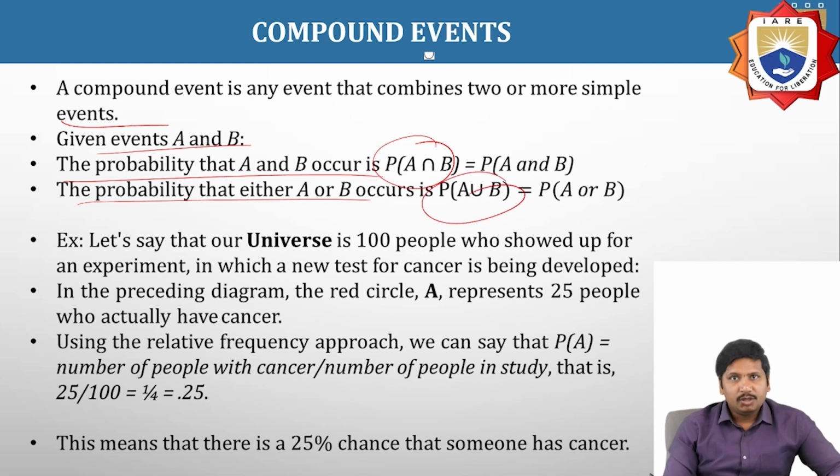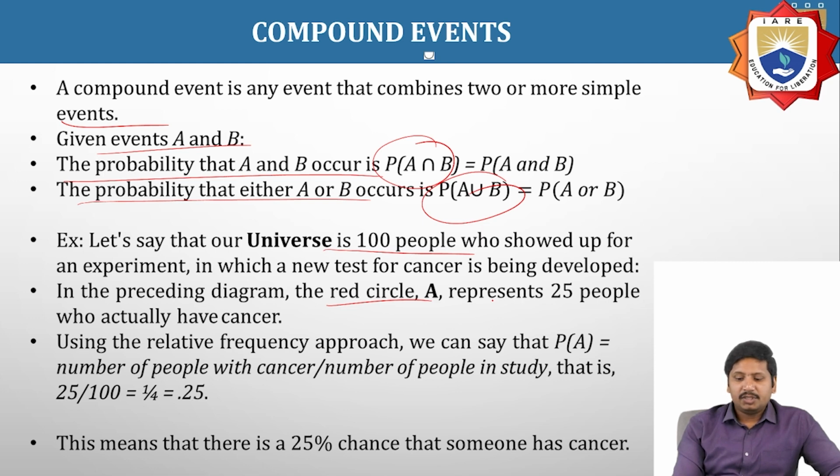Let's say the universe is 100 people who showed up for an experiment, and a new test for cancer is being developed. In the preceding diagram, the red circle A represents the 25 people who actually have cancer. Using the relative frequency approach, the probability of A is the number of people with cancer divided by the total, so 25 divided by 100.